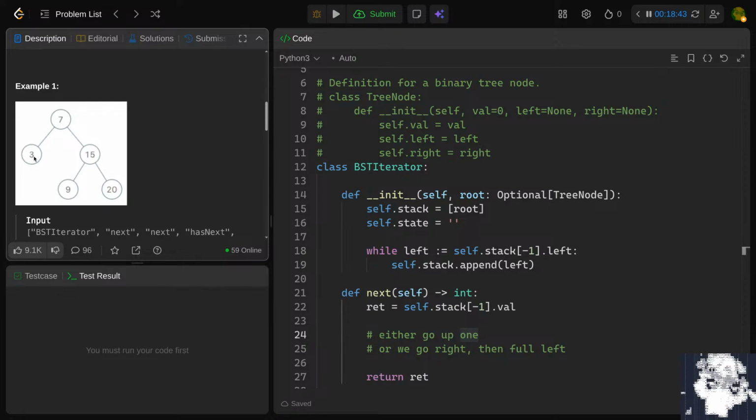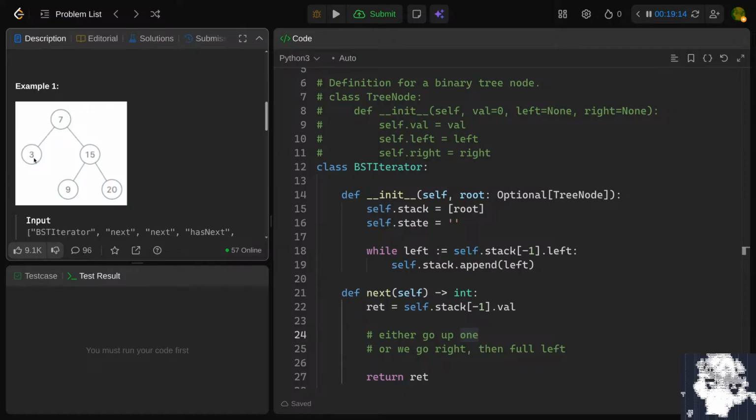Because we did 3 and then we went up. We don't have an up from here, but let's imagine we did. So we've got a 1 and a 2 over here. So we start with 1 and then we go up. Now we want to go right, and the reason is we've been left.